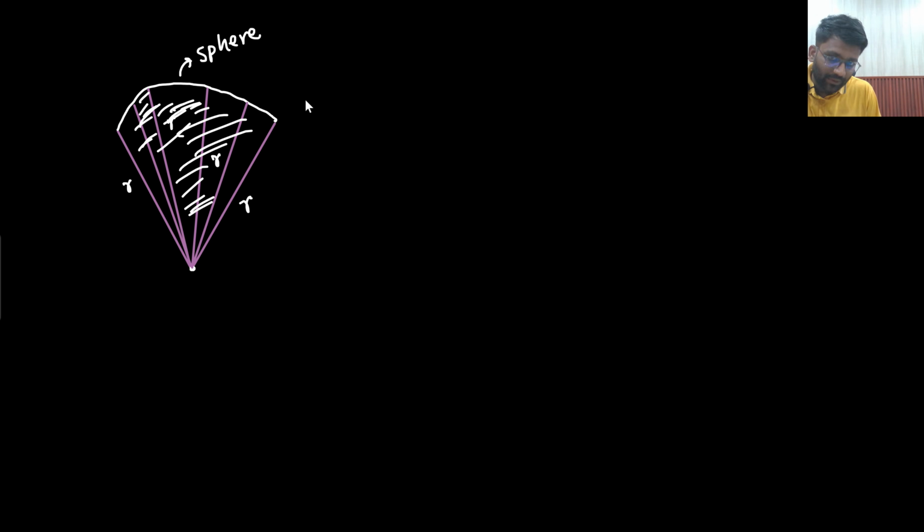Although this part was coming from the cone, the upper side is coming from the sphere. So always the distance was r. Let's just say this r was 5. So there you could have said that the value of r is going from 0 to 5, which was correct.